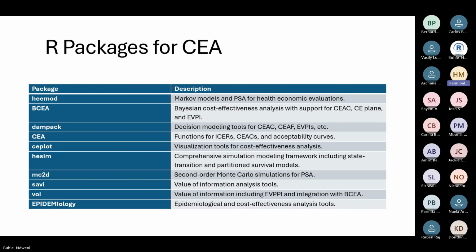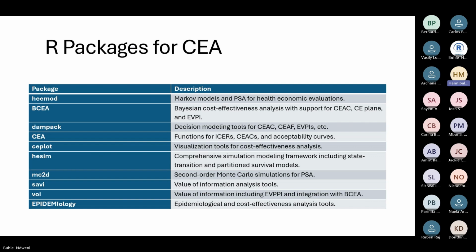Now, in R, there are a number of packages that you can use to determine the cost effectiveness of any program, any intervention. This is a list that you can readily use, but the most commonly used ones for me are the BCEA and the SIM. These ones are easier to work with, they usually come with simulation sometimes, and they are rather comprehensive.